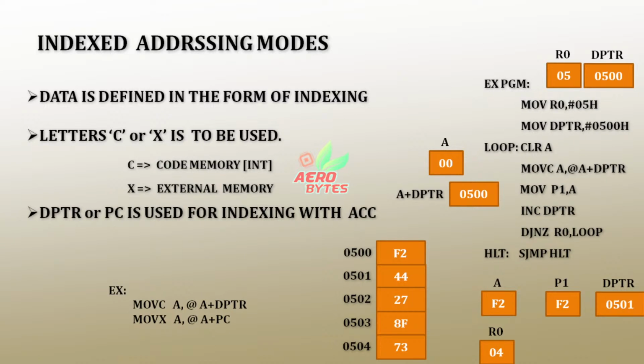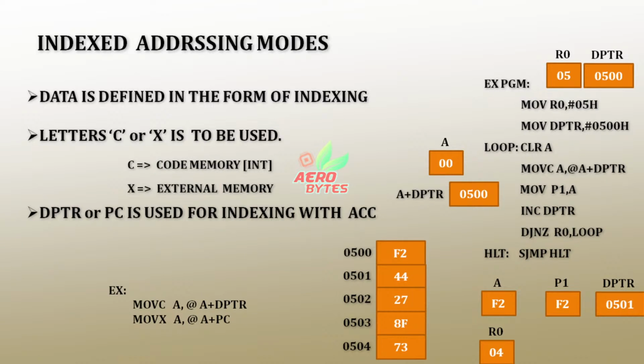After execution of this instruction, the value at 501, that is 44, is transferred to the accumulator and then moved to port 1. Here we can get all 5 values: 500, 501, 502, 503, 504. Likewise, we can get the data.